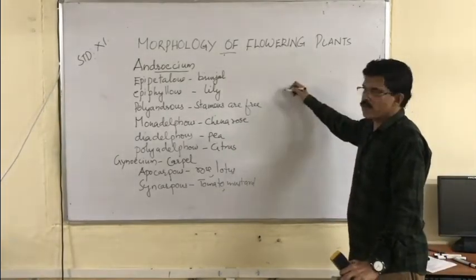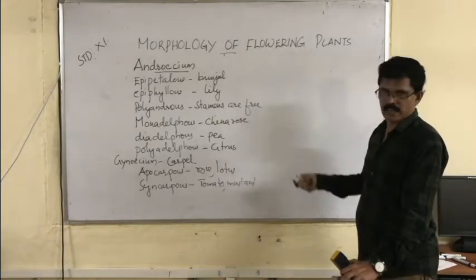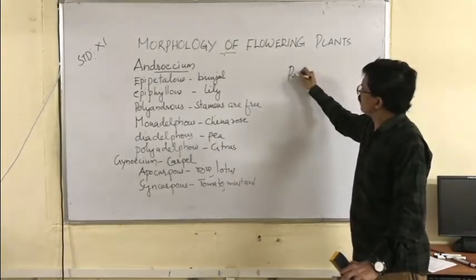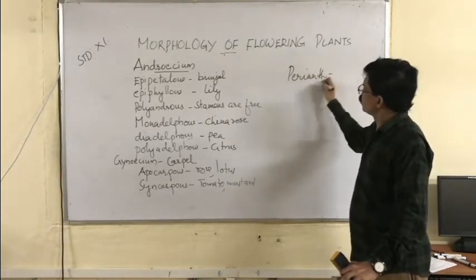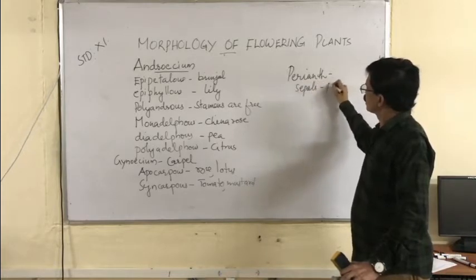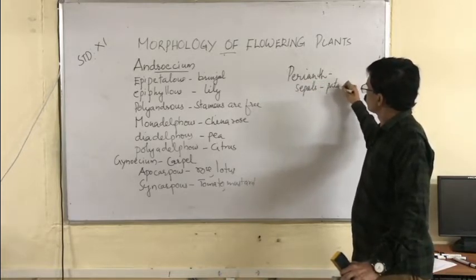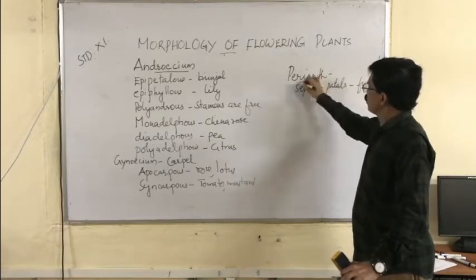As in monocots like lily, many grasses and even orchids, you can see perianth. Perianth is the fused sepal and petal. Such fused sepals and petals we call perianth.